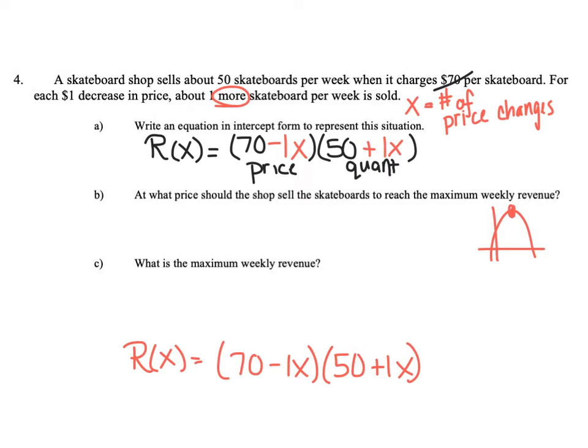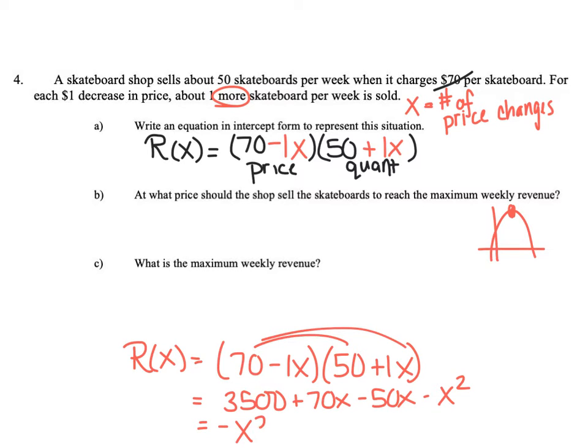I'm going to convert this to standard form, giving me 3,500 plus 70x minus 50x minus x squared, which shows me that my function is negative x squared plus 20x plus 3,500 for my revenue.